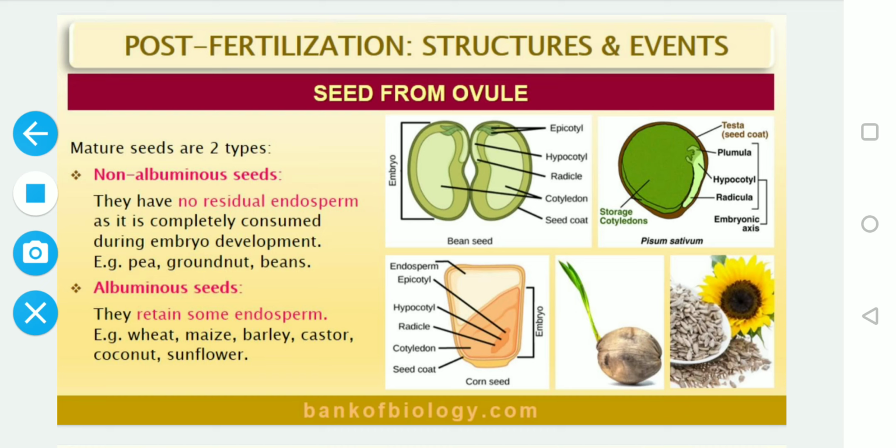A part of the endosperm is retained. That means it is present. Such a type of the seeds are known as albuminous seeds. Examples, mostly wheat, maize, barley, and also castor, coconut, and sunflower.